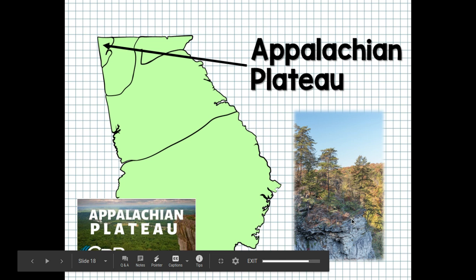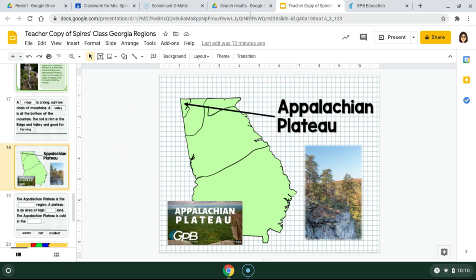You've got big, high places, but do they point up like a mountain? See, they're flat. Right, that's a plateau. It looks almost like a tabletop. It doesn't point up in a peak like a mountain. That's what makes this region special.